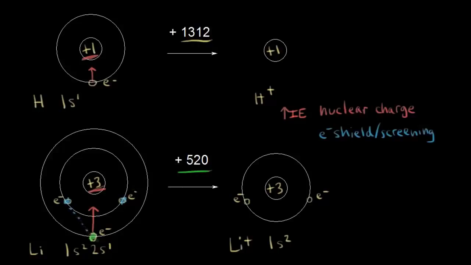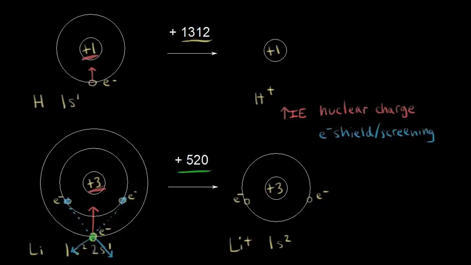This electron in blue is going to repel this electron in green, and this electron in blue is going to repel this electron in green. And so they're going to shield that outer electron in green from that +3 charge, because electrons repel other electrons. Like charges repel other like charges.